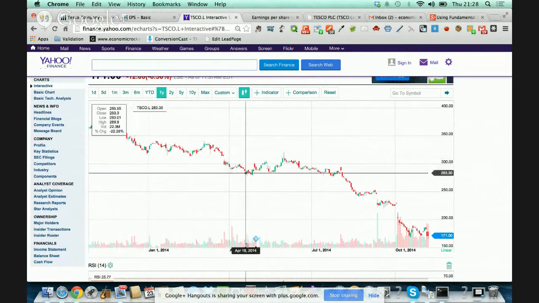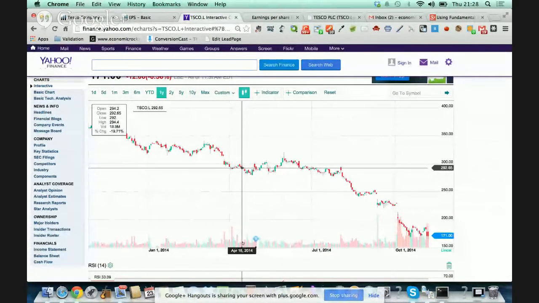So on the 16th of April, we had a stock price of 291.70. So the dividend that was paid out of 14 point whatever pence divided by the 291.7 would give us the 8.63. Now, if you were to look at that dividend relative to the stock price today, it will be significantly high.